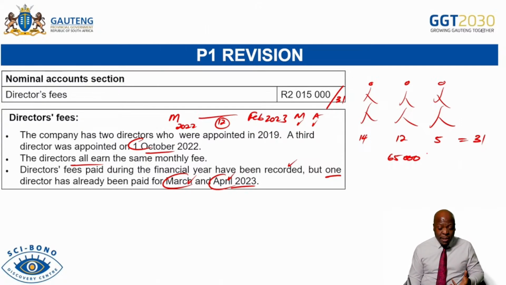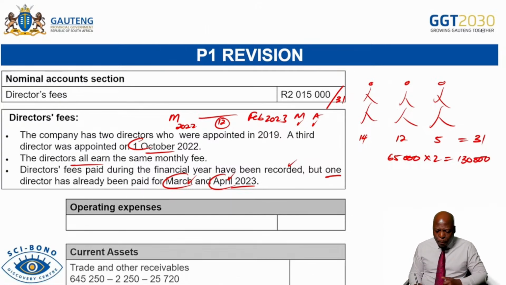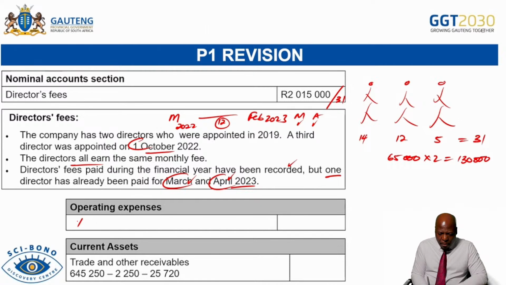What is our problem in this adjustment? We've paid one of the directors for March and April. So for 2 months, that's going to give me 130,000. Let's come here and see. Under my operating expenses, I'm going to say directors' fees, and it is 2,015,000.